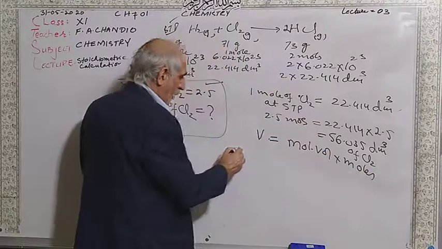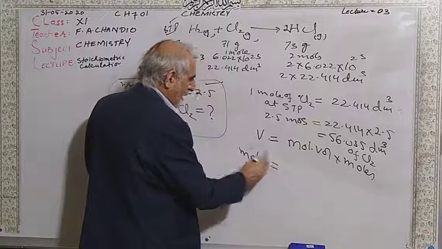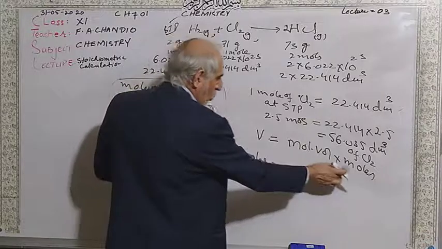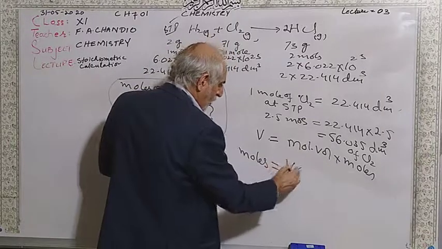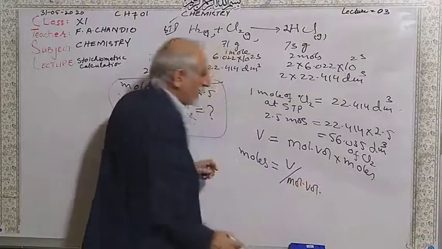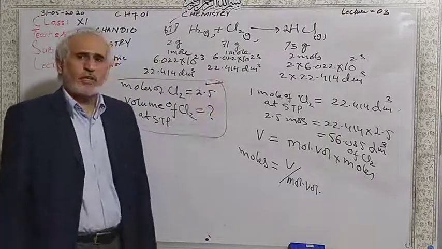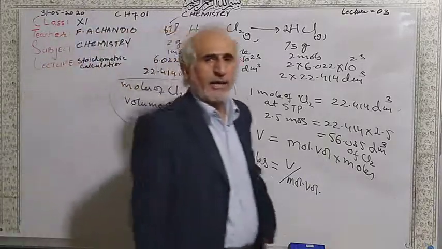If you want to calculate the number of moles of gas, then volume divided by the molar volume of the gas at standard temperature and pressure. We apply this formula for the calculations in the exercise questions.